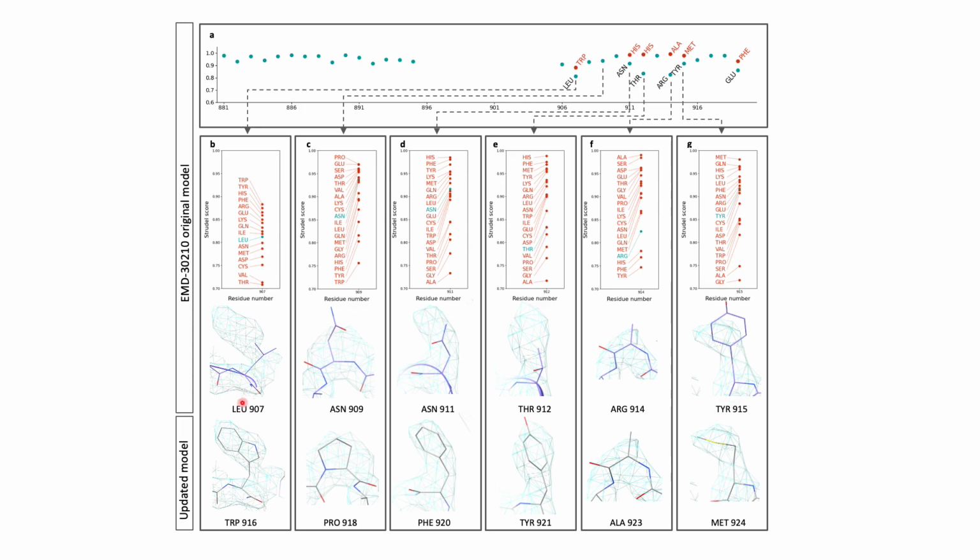So for example, this density feature has been modeled as a leucine, but obviously we can tell, or Strudel can tell, that a tryptophan or a tyrosine or a histidine, something big like that, would fit much better here. And indeed, in the corrected model, it is a tryptophan. Similarly here, it's been modeled as an asparagine, but Strudel tells you, well, it's either a proline or perhaps a glutamate, where you don't see the entire side chain, and it turns out to be indeed a proline.